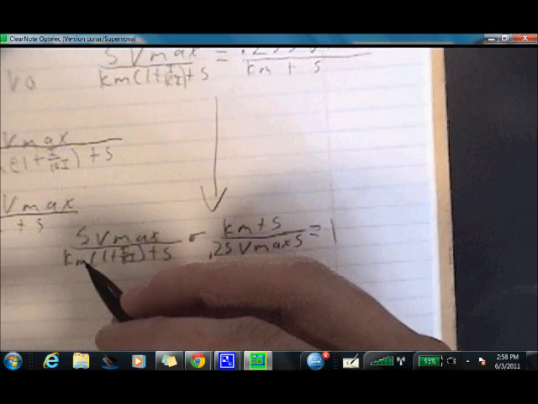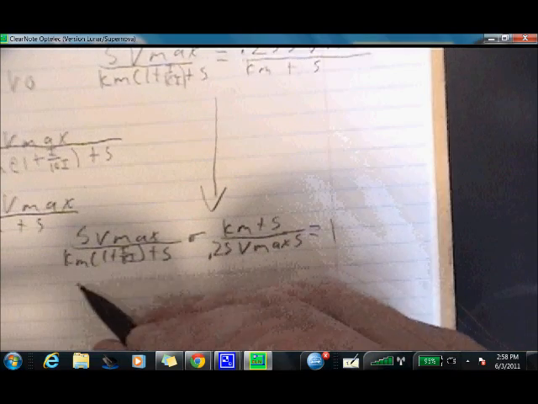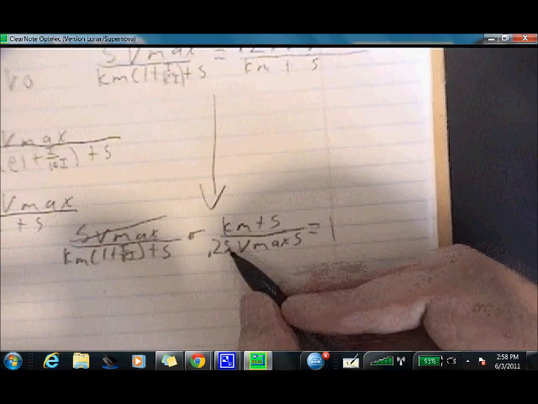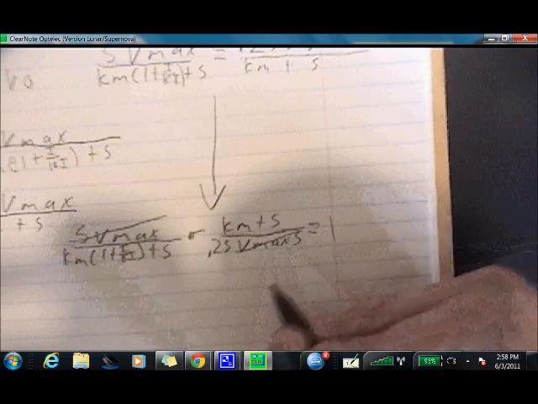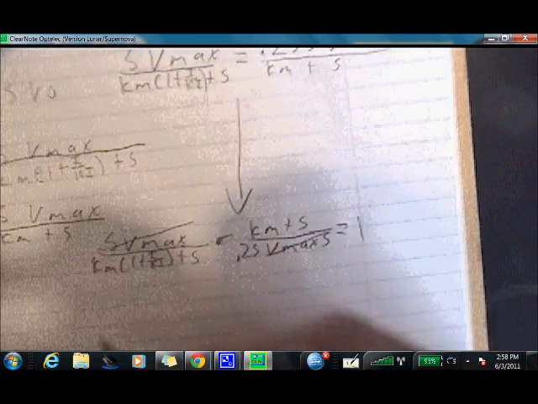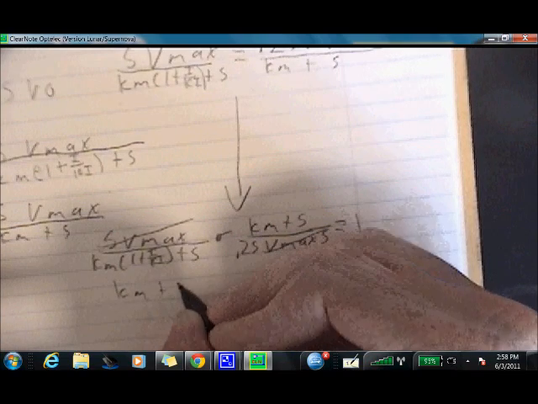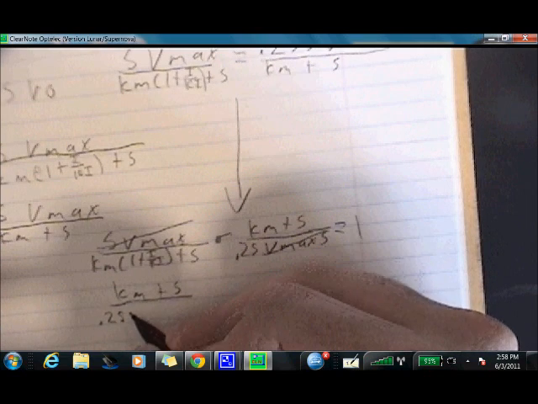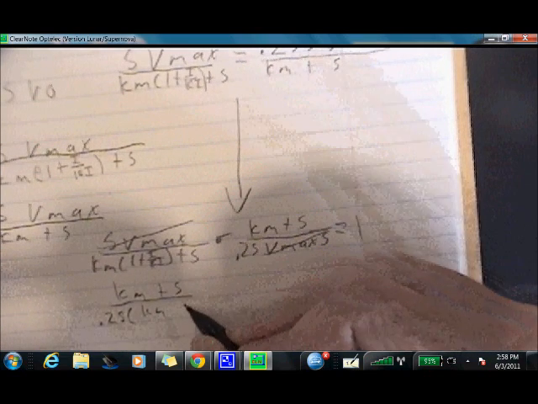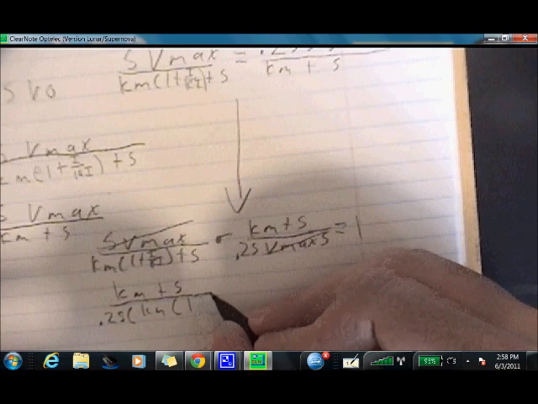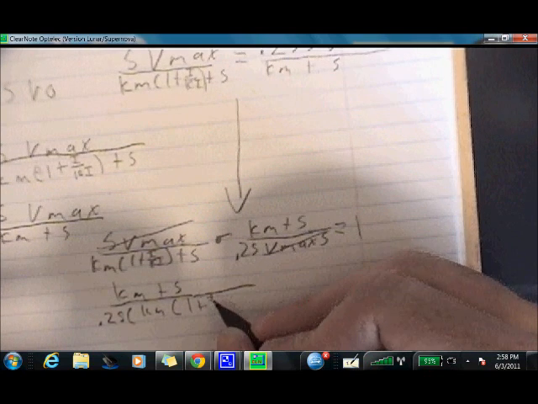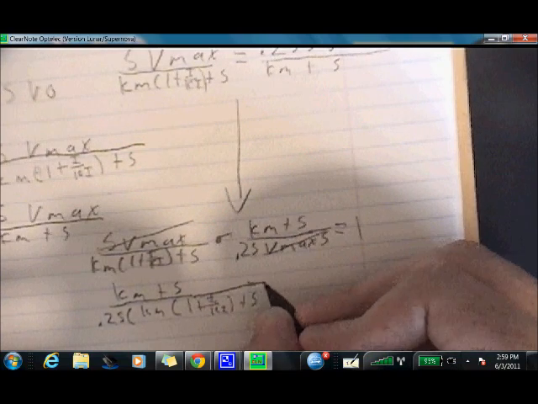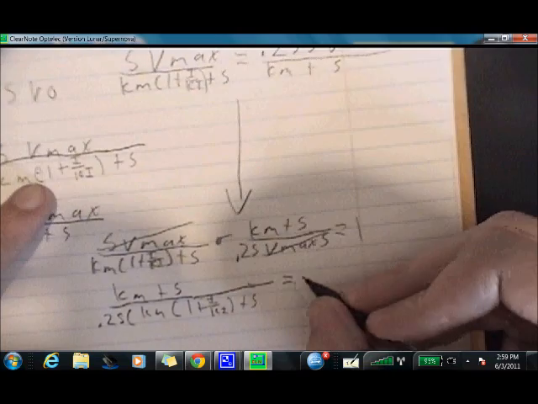So what we're going to do now is cross off these S Vmax, and we're going to be left with Km plus S divided by 0.25 times Km, 1 plus I over Ki, plus S, equals 1.